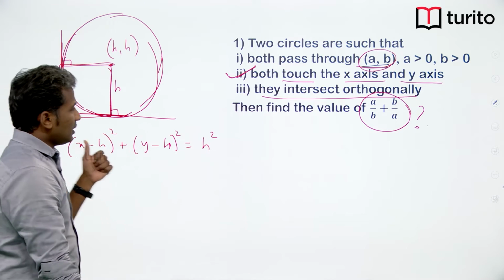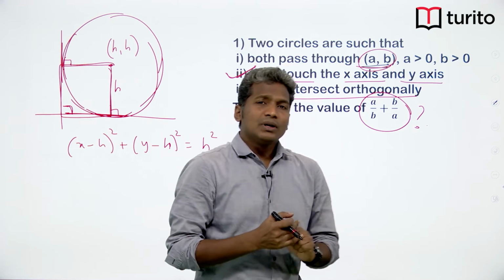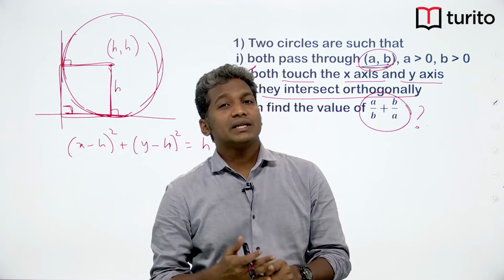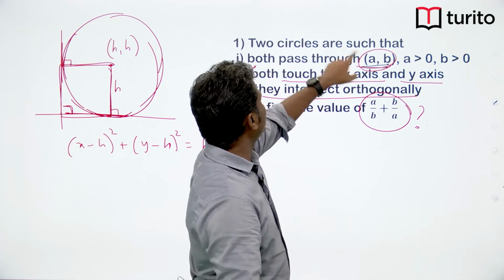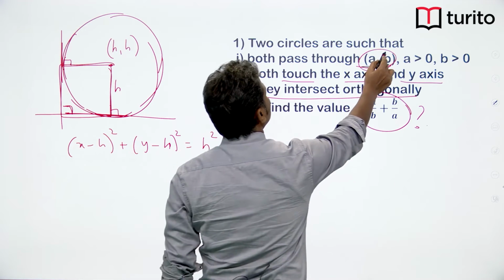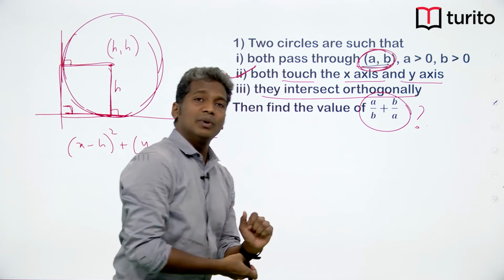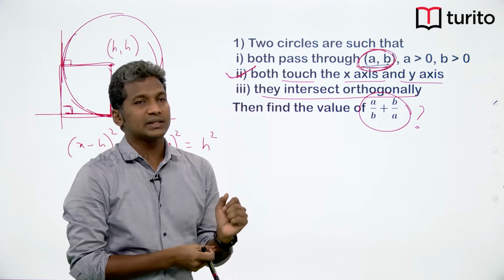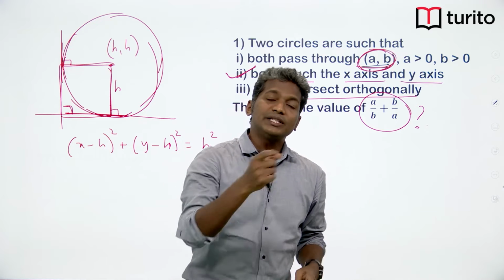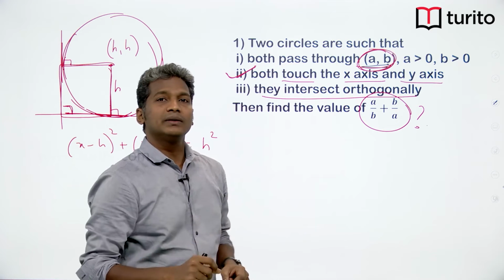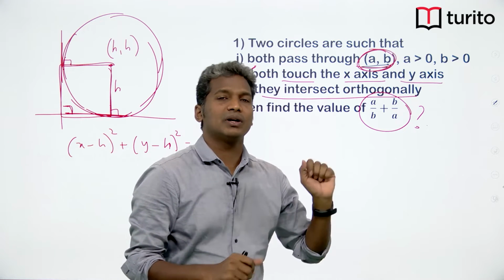Okay. Now, coming to this, is h positive, is h negative? That may vary, but here it is given that there is one more third point which is a comma b, through which the circle is passing, and where a is greater than 0, b is greater than 0, which makes the point a comma b to be lying in the first quadrant.